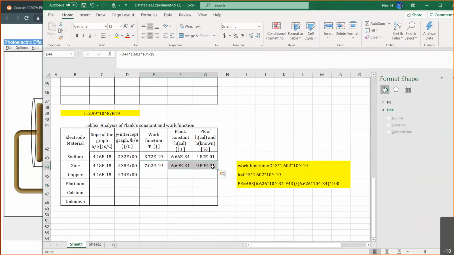These you can click and drag. I think it's still good. So it's about the same number we're getting. So our error is very, very small, and the work function you can see changes.